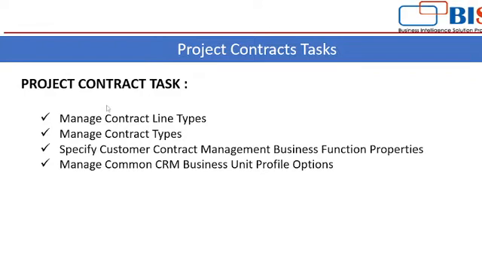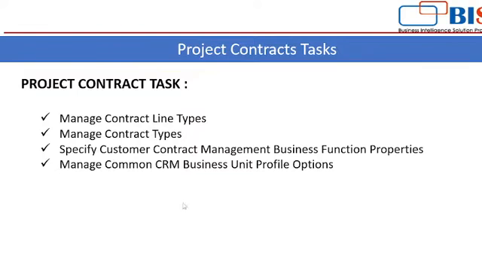In project contracts, if we want to generate the customer invoice, then we have to generate it through contracts. So without contracts, you won't be able to generate invoices in the project module. For that purpose, you need a contract, and for the contract, you need to configure these 4 setups in the application. Contracts means the agreement between your customer and the organization.